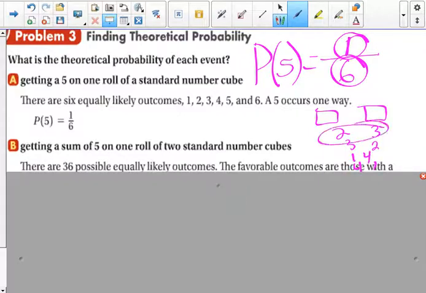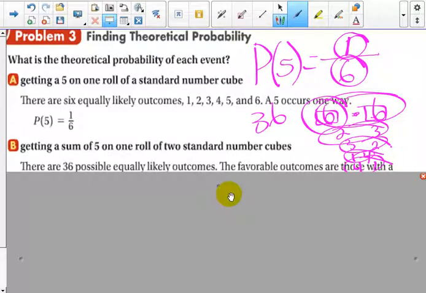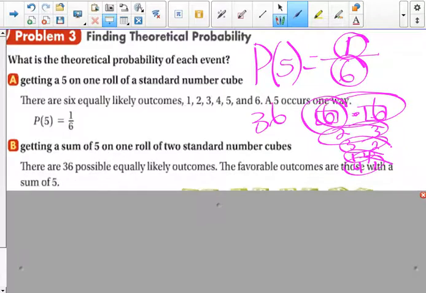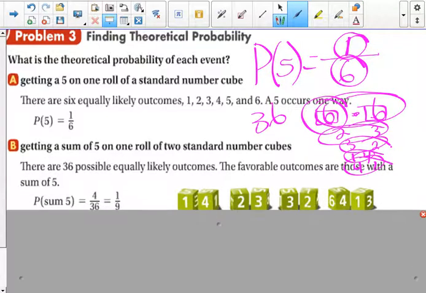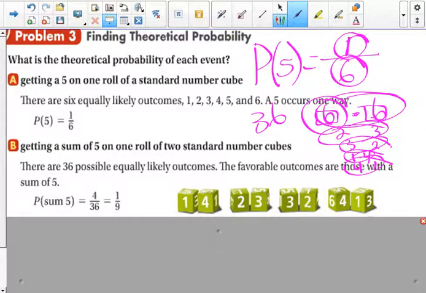So we can get it 1, 2, 3, 4 ways, right? And what's possible? We've got 6 sides here and 6 sides there. So 6 times 6 is 36 possible, but there's only 4 ways to get that. So out of 36 chances, we have 4 chances of getting a sum of 5. So it's going to be 4 out of 36.